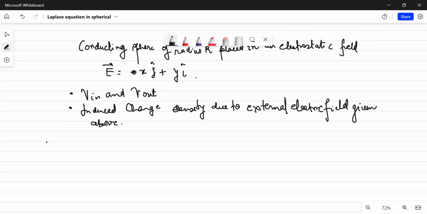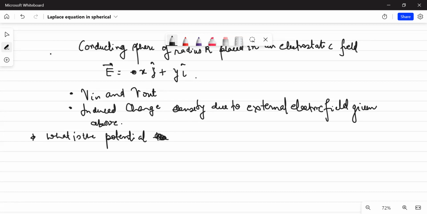Because we are doing a problem in Laplacian equation, the first thing that arises is, what is the potential that gives rise to this field?